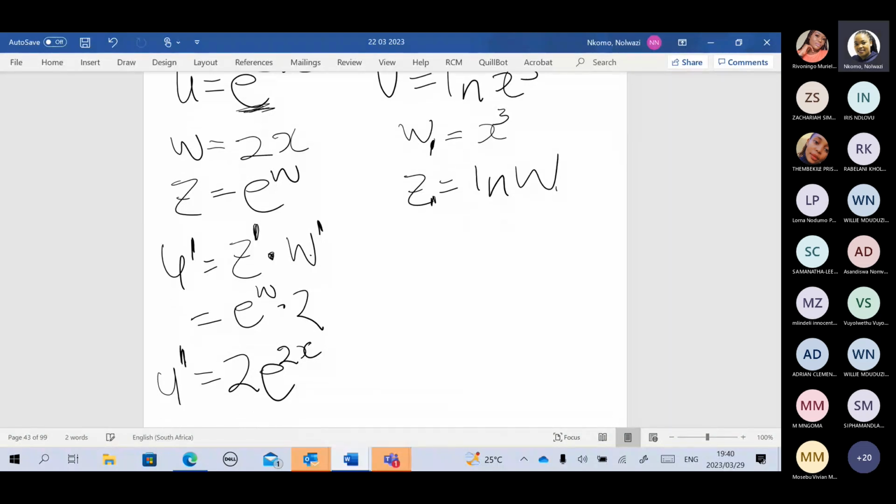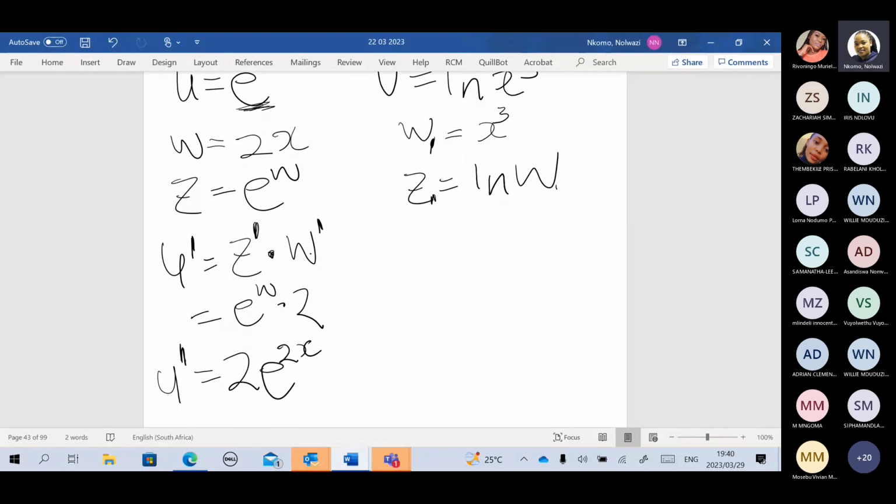We use the chain rule again: the derivative of v is z1 prime times w1 prime.